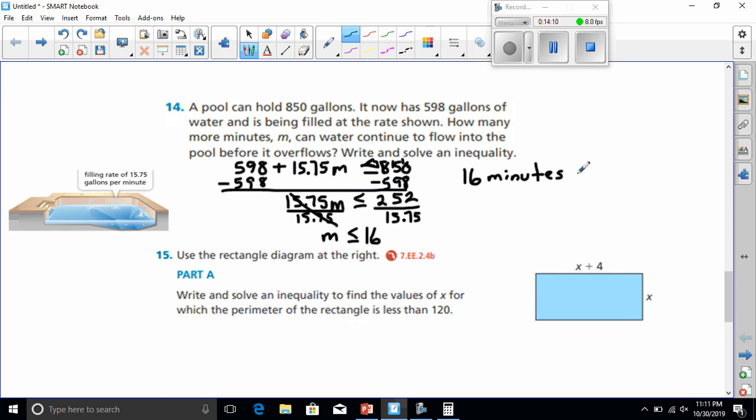Actually, our inequality is down there, so 16 minutes or less, really, right? It can be equal to 16 minutes. Yeah, looks to me that no more than 16 minutes. All right, so let's go to the next number.